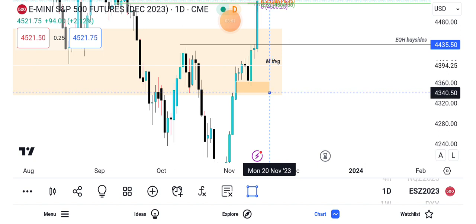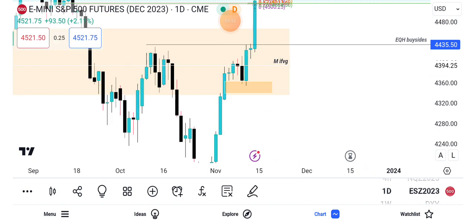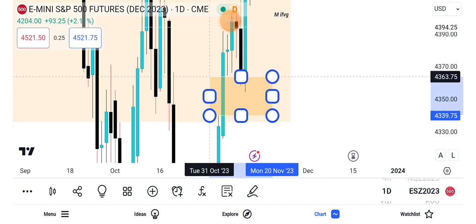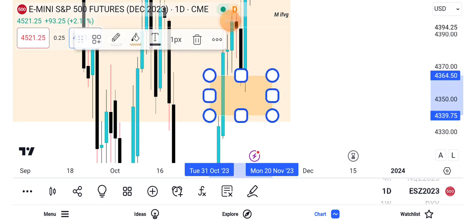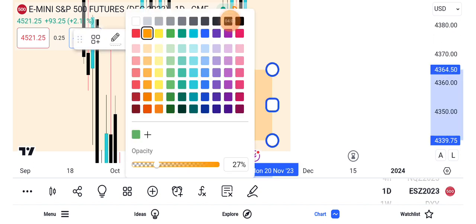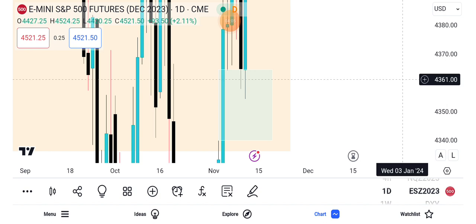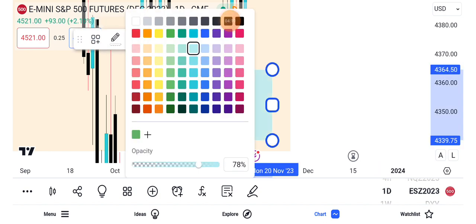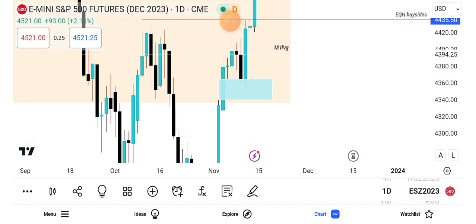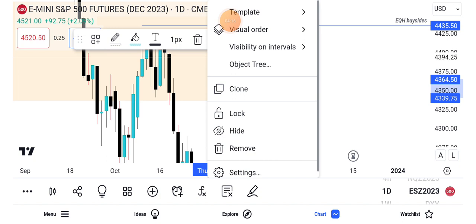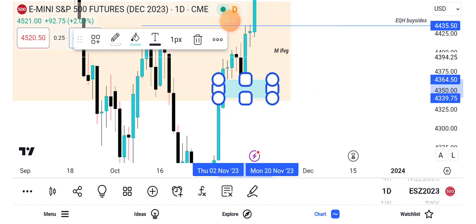I'll have to adjust it. And these candles' high there. Yeah, that fair value gap. Change the color to slate. Yeah, you can see it there. Visualize it at the back.